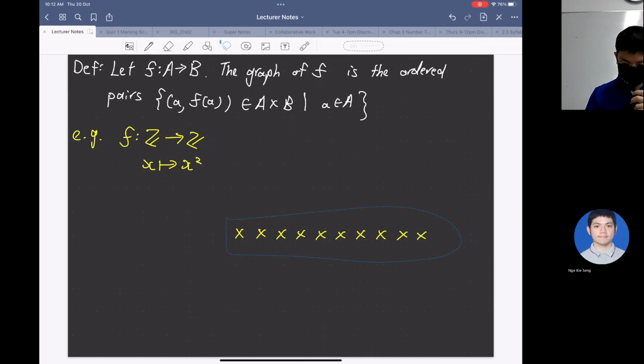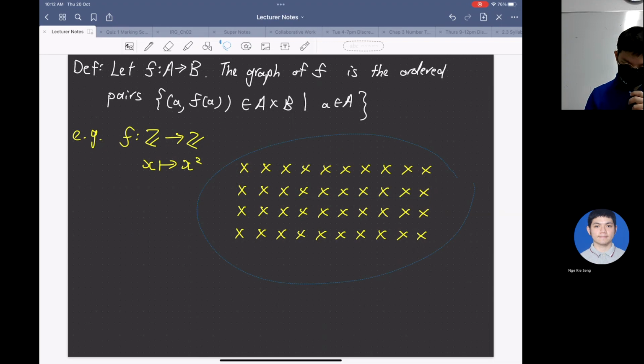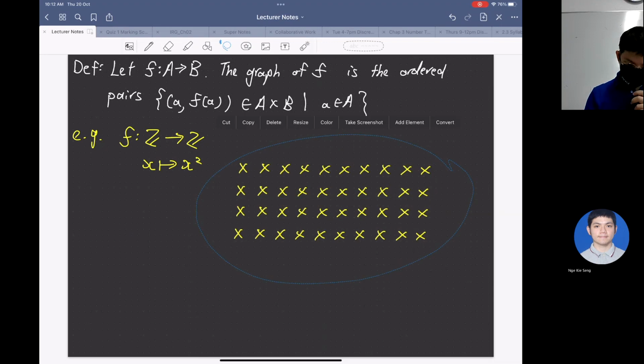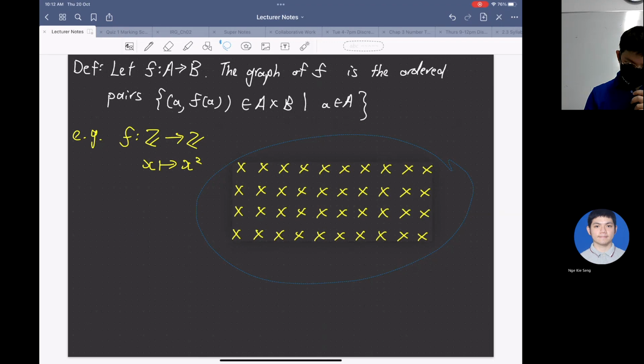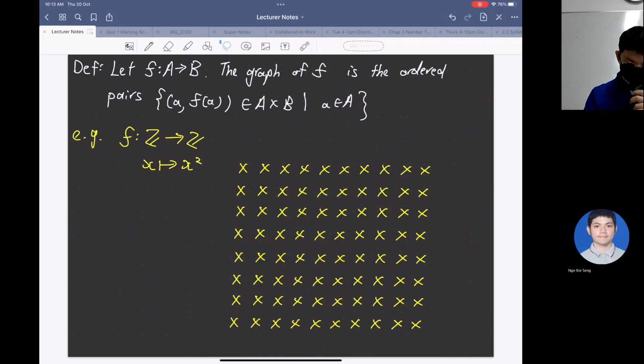Okay, let me draw this. Let's label this point, and then this one (0, 1).